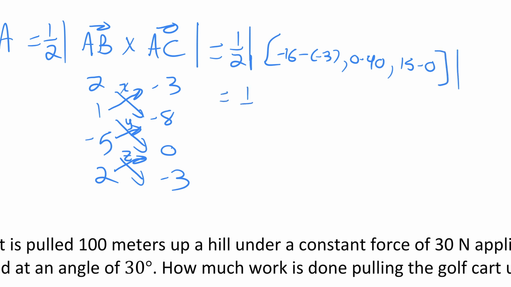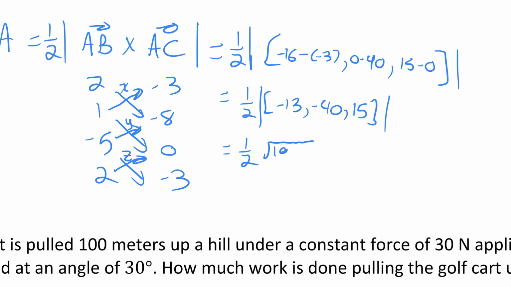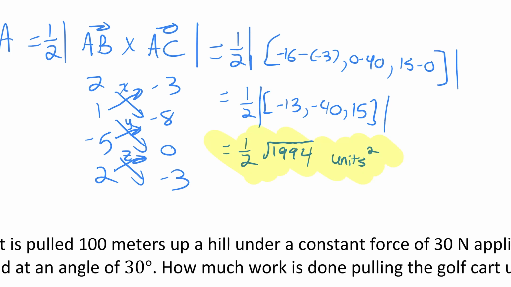So this would equal a half times the magnitude of vector -13, -40, 15. And that's equal to a half multiplied by, if I find its magnitude, the square root of 1994. And I can just leave my final answer like that. It's an area, so I should write units squared.